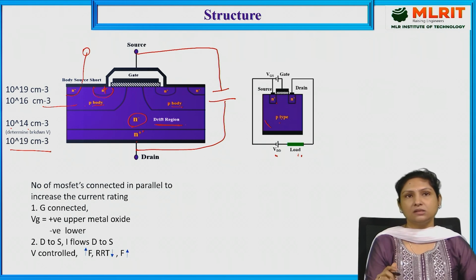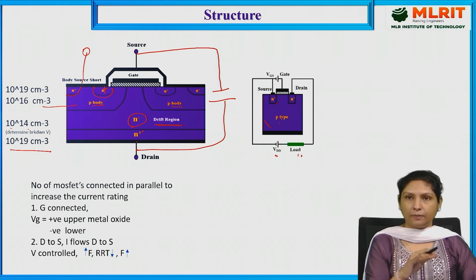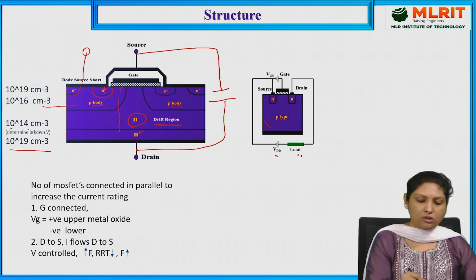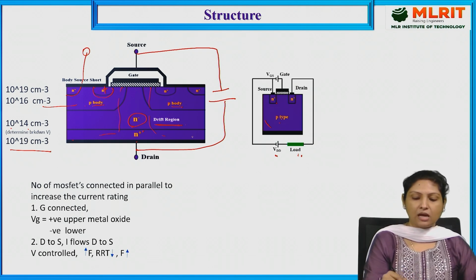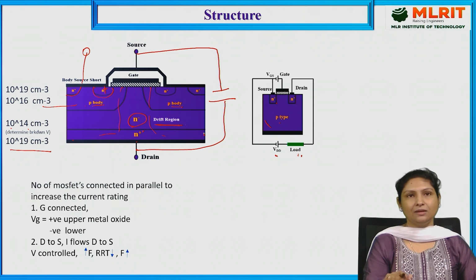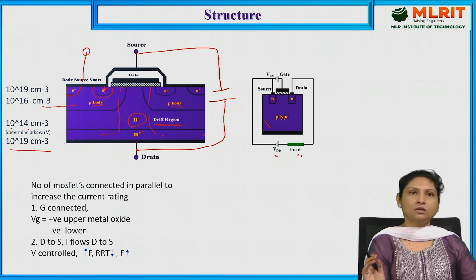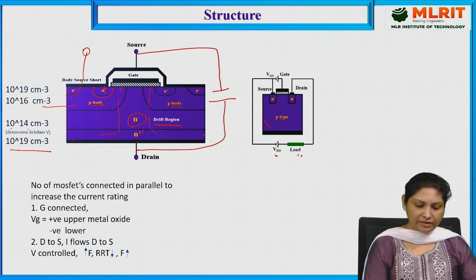So that is the reason a number of MOSFETs can be connected in parallel, and here we are showing only two MOSFETs. This is one MOSFET and this is another MOSFET which is connected in parallel just to increase the current rating. So here when the gate is connected, gate voltage will be applied.